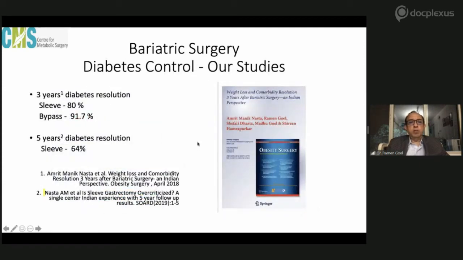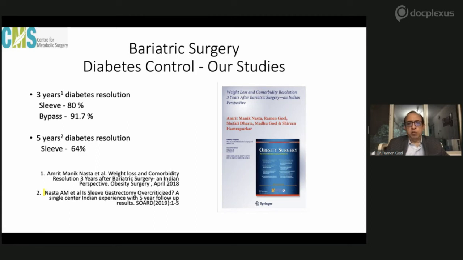And it's not only about weight loss, it's also about diabetes resolution, which is one of the factors for fatty liver. Our studies have shown that with sleeve, 80% of patients who are diabetic will be very well controlled and will not require medicine. And 92% of bypass patients will not require medicine for diabetes. Even after 5 years, almost 65% of patients who have undergone sleeve gastrectomy will not require medicine for diabetes.